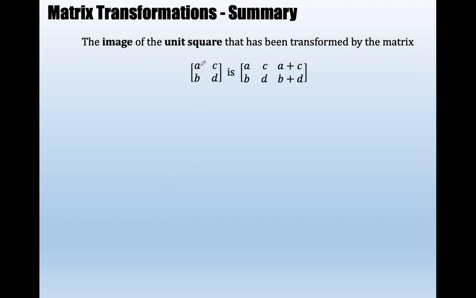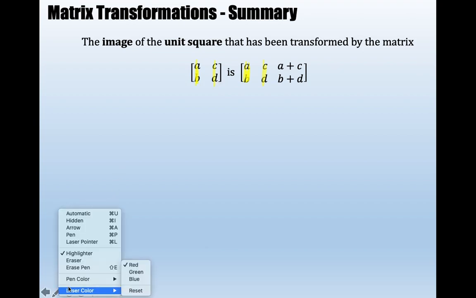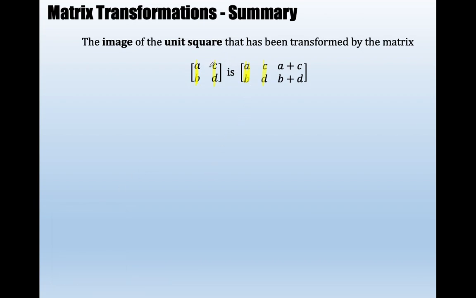If this is my transformation matrix, on the unit square, the resultant matrix has the same first column as the first column of the transformation matrix. The resultant matrix has the same second column as the second column of the transformation matrix. And the third column of the resultant matrix has the sum of the first row and the sum of the second row in the third column.